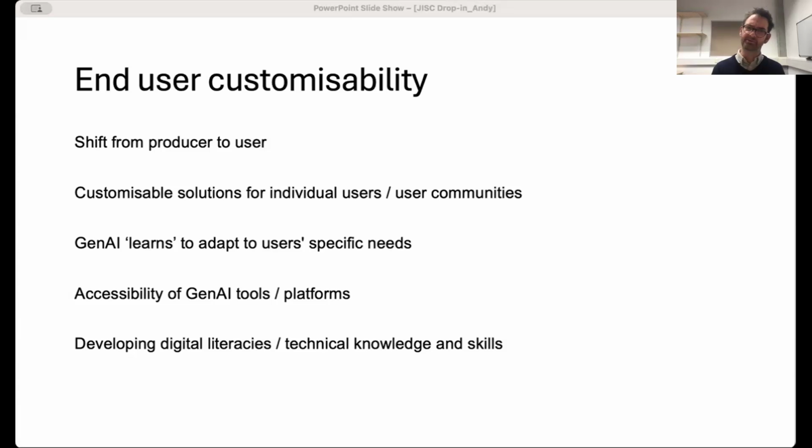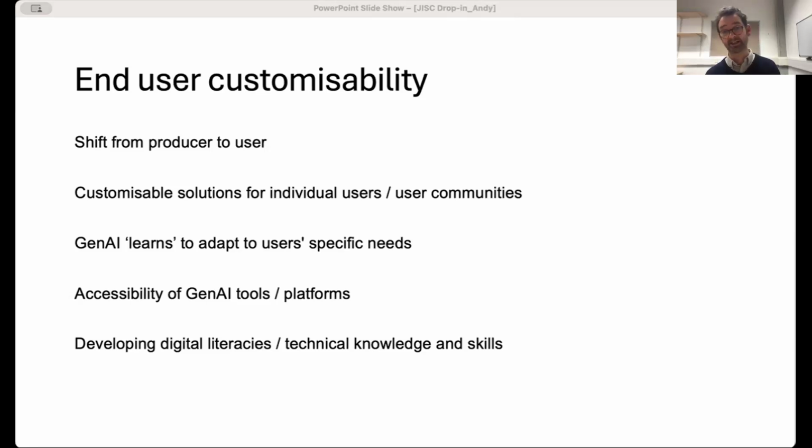So this does shift the focus, I think, from the production of accessible texts to the end user. And if we think about the potential of Gen AI to provide customizable solutions for individual users or groups of users, I think that's really interesting, particularly given the capacity of Gen AI to learn through repeated use and to adapt to user-specific needs.